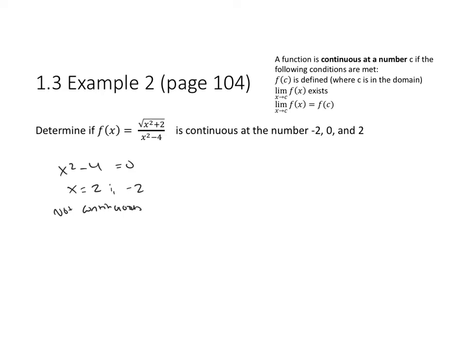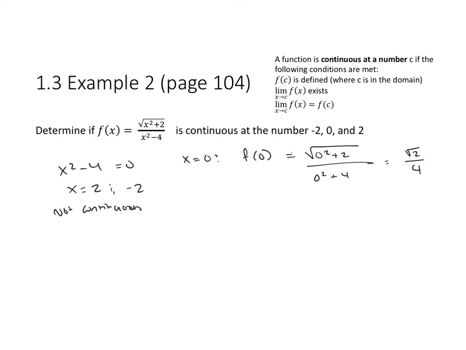But let's take a look at x equals 0. What is f of 0? 0 squared plus 2 over 0 squared plus 4. So it looks like it's going to be the square root of 2 over 4.